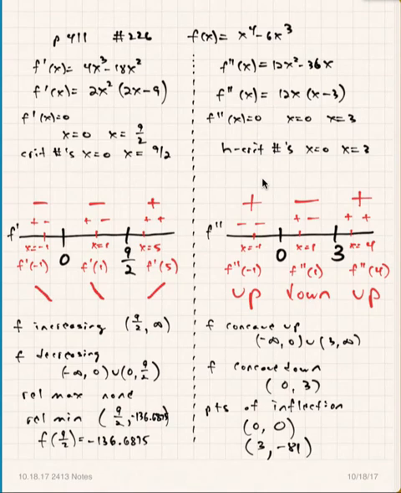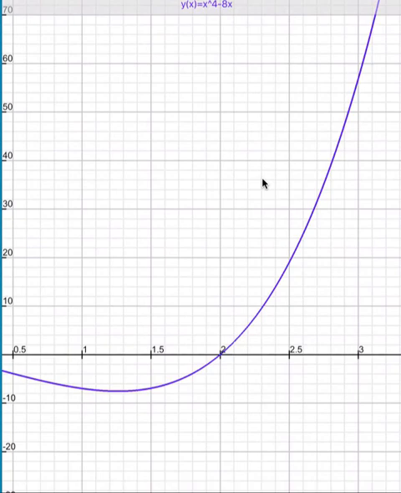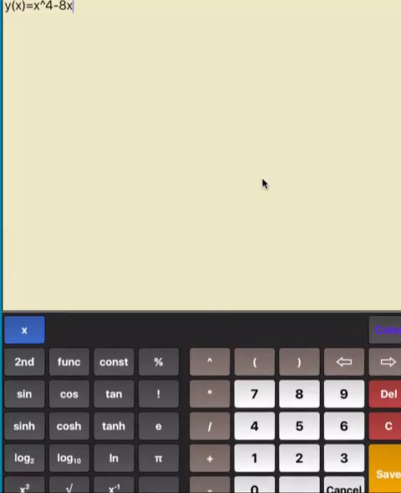All right, so let's look at that real quick and go through that procedure. So you've got this function, and I don't have the function created yet. So I'm going to go ahead and clear that function out. And I'm looking at x to the 4th power minus 6x to the 3rd power.